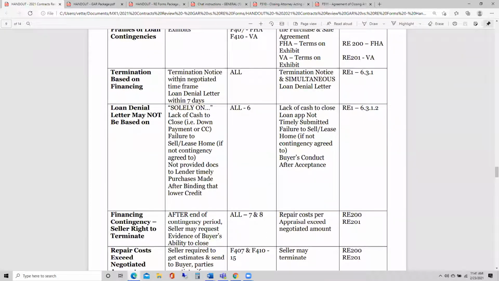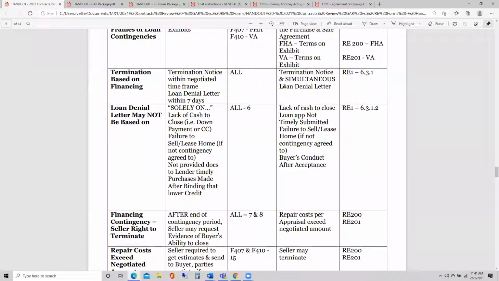Now, what if a buyer is going to terminate because they cannot get their financing? Well, again, those are all spelled out in the RE Forms. It's spelled out in the standard terms. In the GAR, it's spelled out on the loan contingency exhibit itself.